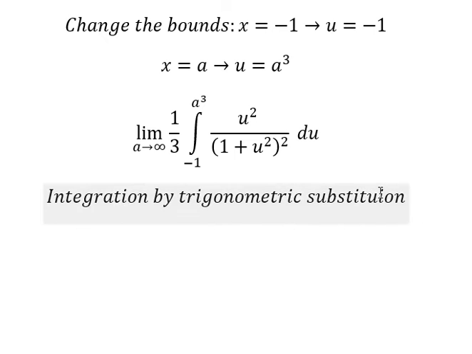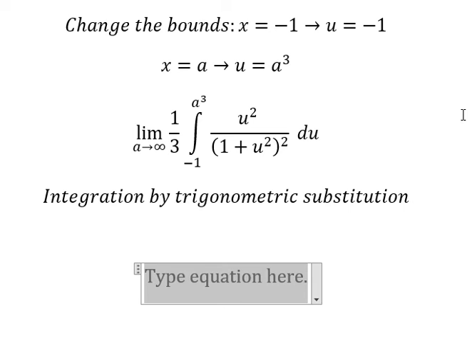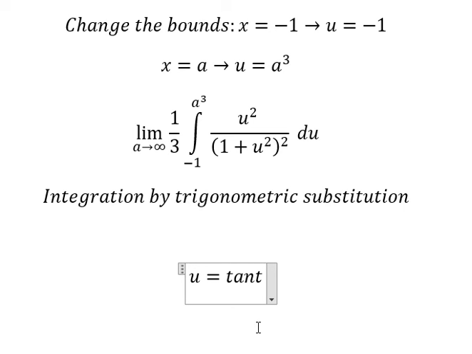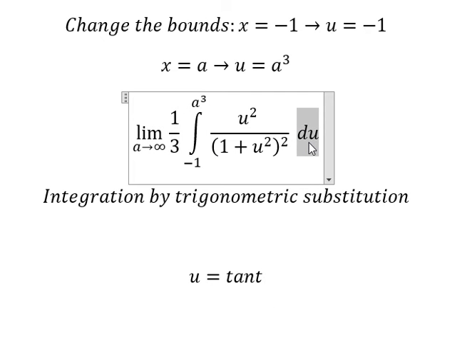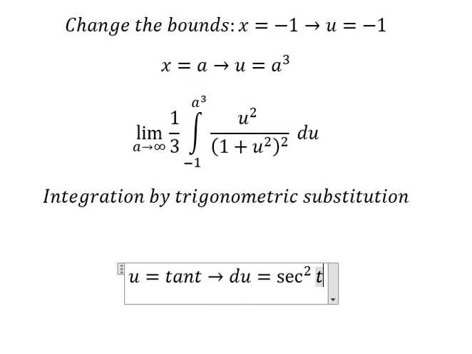So I will put u equals tan t, because if I put this one here, we have 1 plus tan t squared. 1 plus tan t squared we change by secant of t squared, and later we simplify by du. So we first take the derivative of both sides, and we have secant of t squared dt.